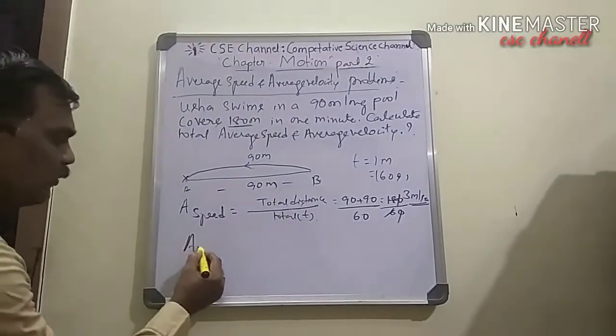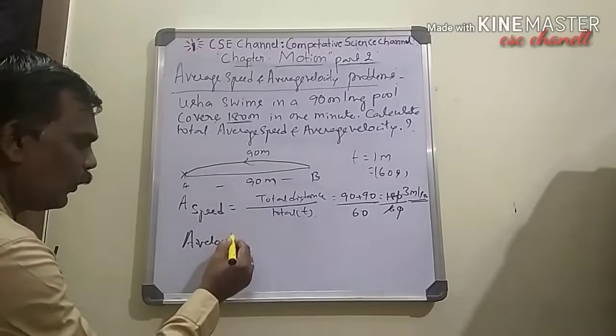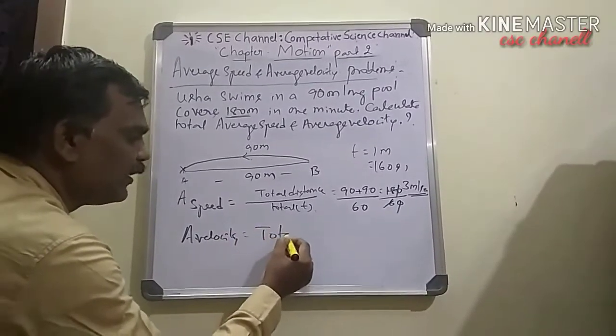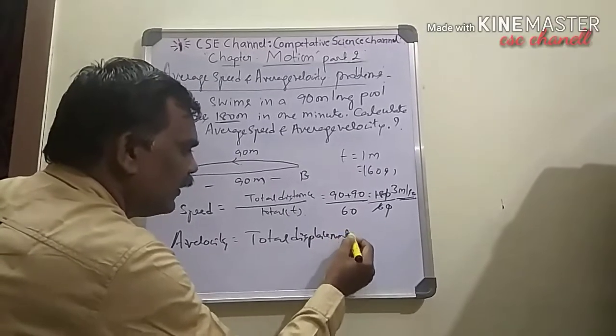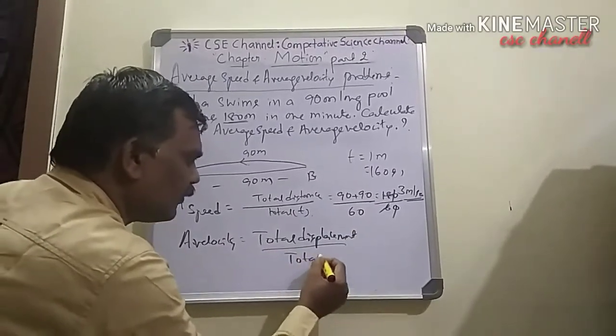Coming to average velocity, it is total displacement divided by total time taken.